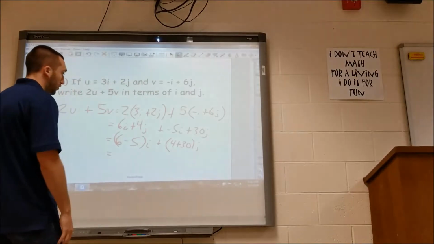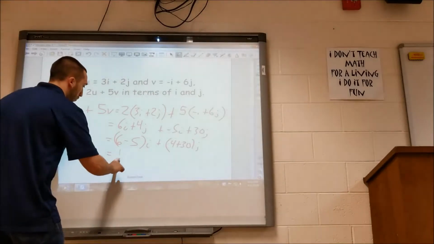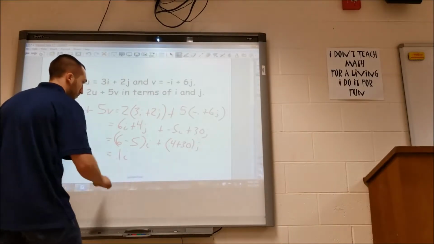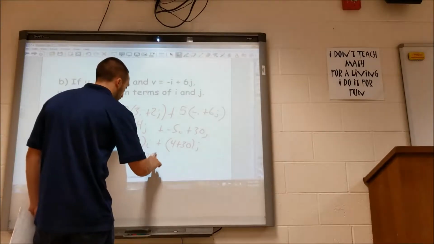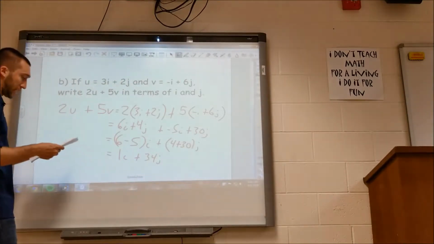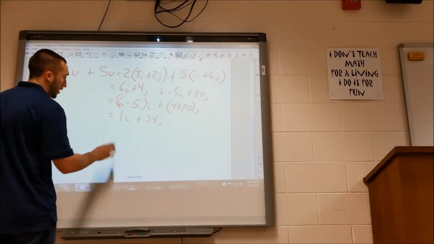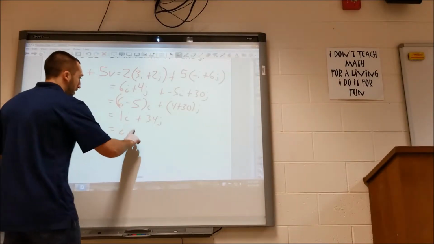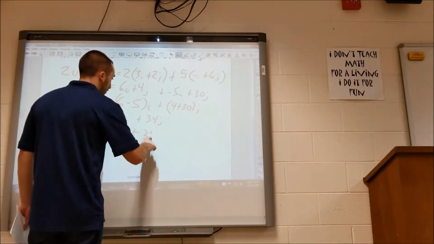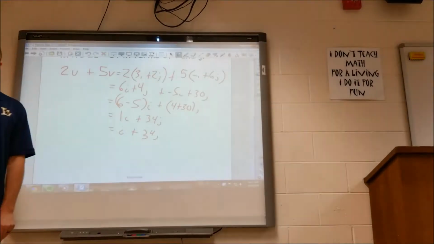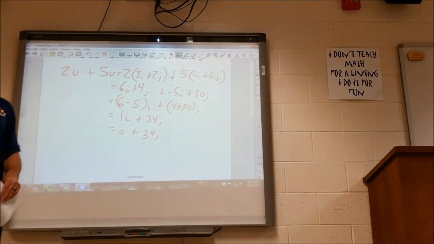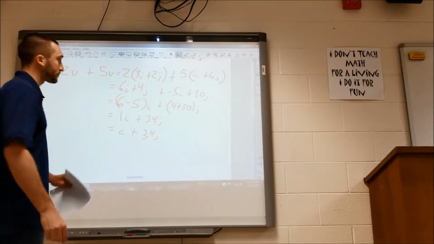So my overall resultant force is just going to be 1I plus 34J. Right? And just like everything else, you don't need to write the 1. So you can just say I plus 34J. That's the resultant force when we take 2U plus 5V.